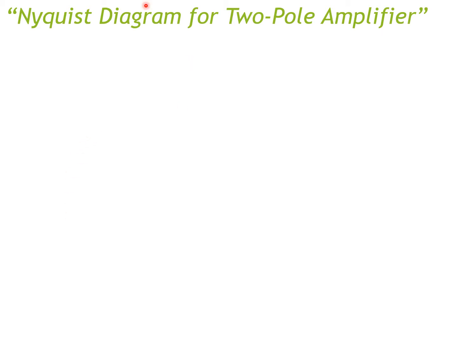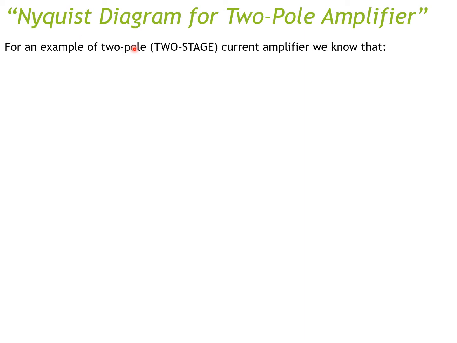So let's go through one example of a Nyquist diagram for the two-pole amplifier. In the last lecture we went through a two-pole, or two-stage, current amplifier, right? So we will use the exact same example. With that example, you know that you can have a loop gain function like this.